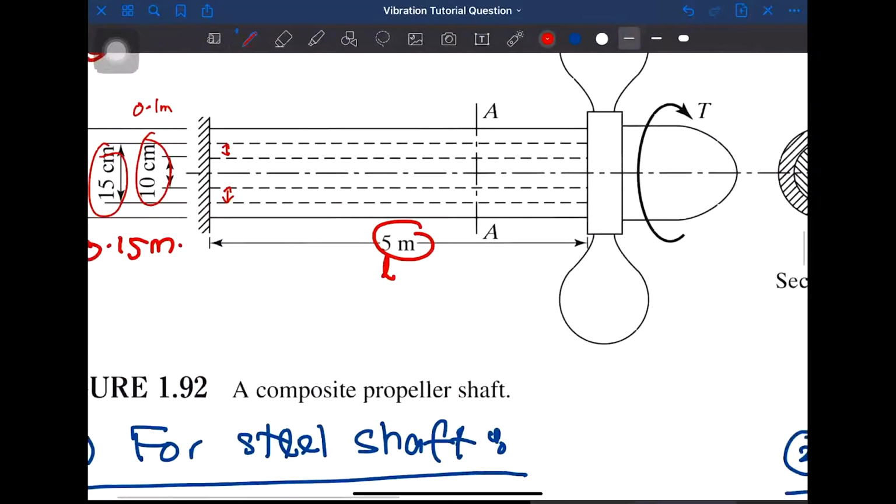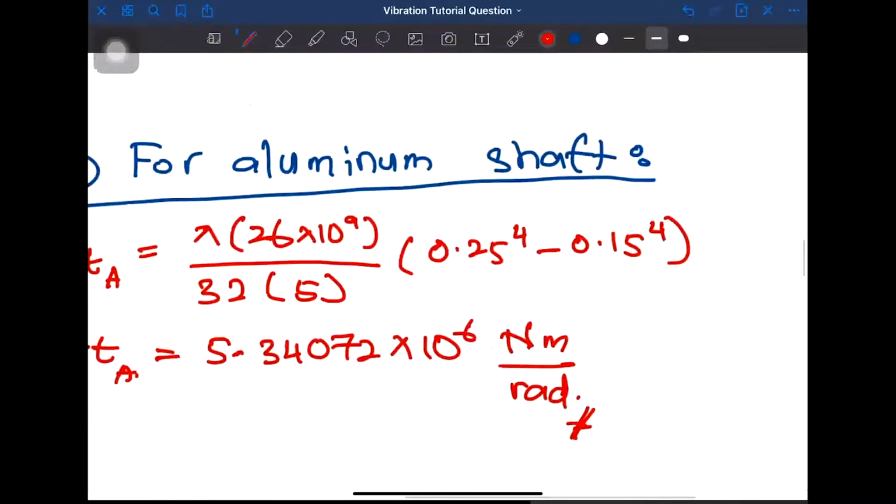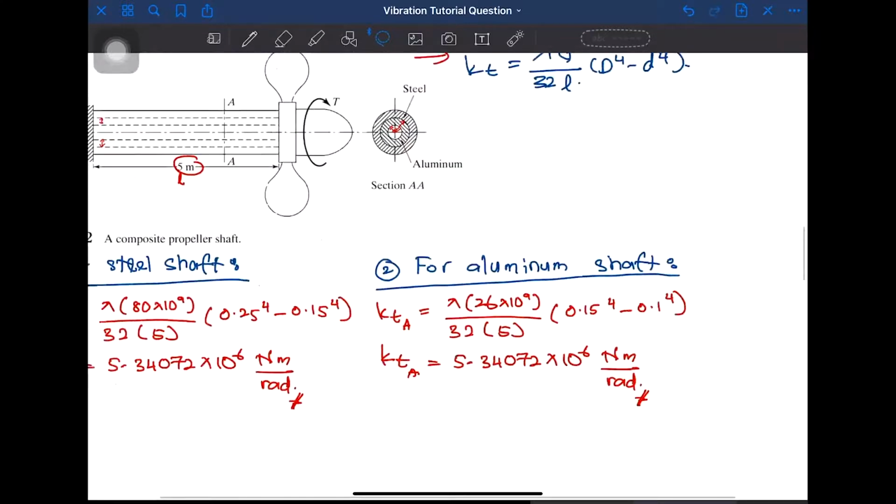So just substitute those values into the very same formula. What will the answer for the torsional stiffness of the aluminium shaft be?